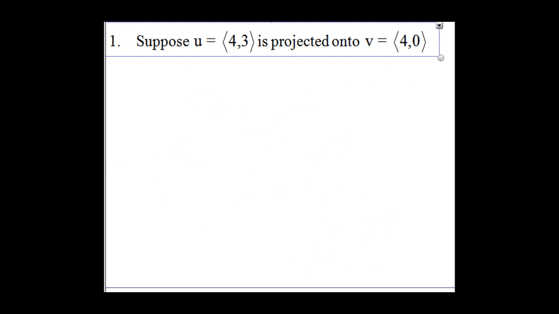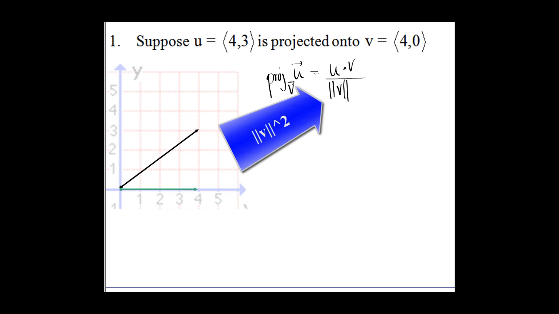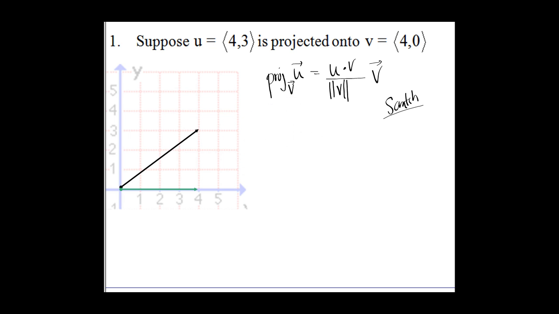So suppose 4, 3 is projected onto 4, 0. We can say that the projection of u onto v is equal to u dot v all over the magnitude of v squared times vector v itself. So u dot v, some side work: u dot v is equal to, multiply the horizontal and get 16, add it to the product of the vertical and get 0, so 16.